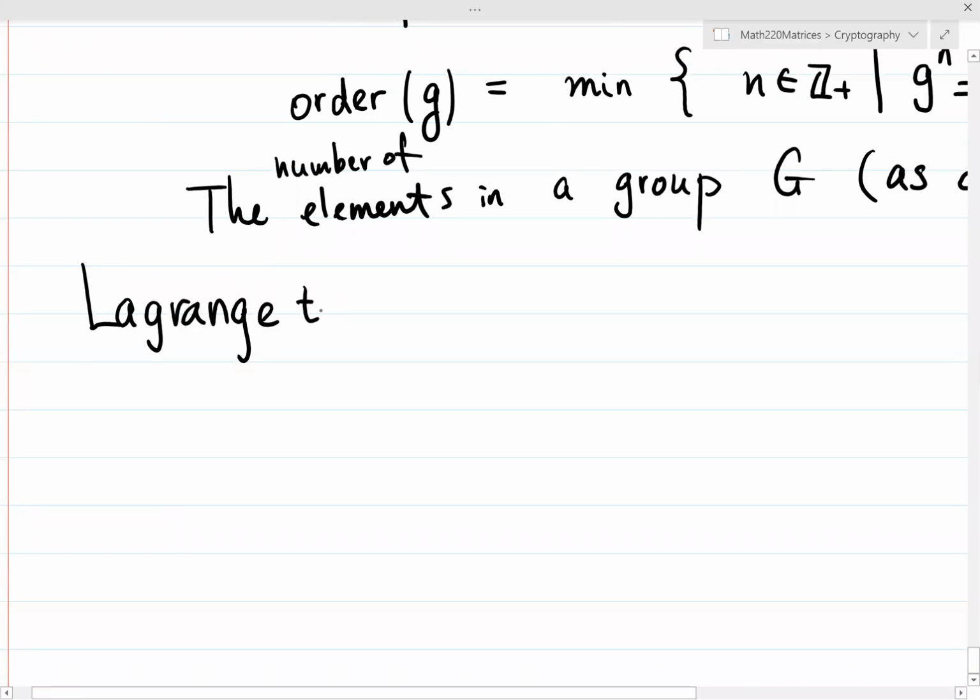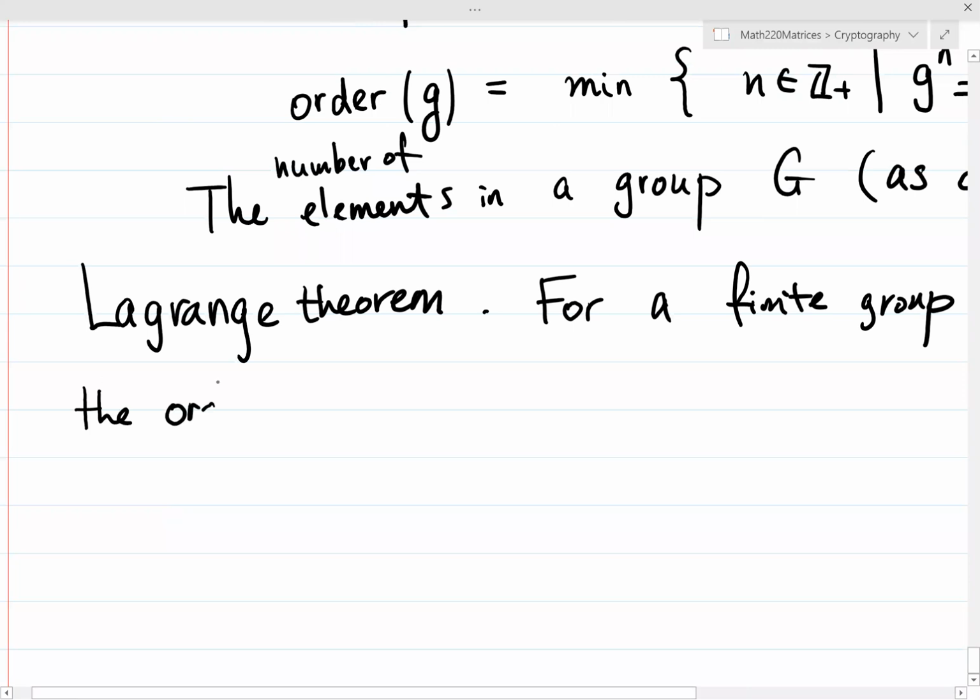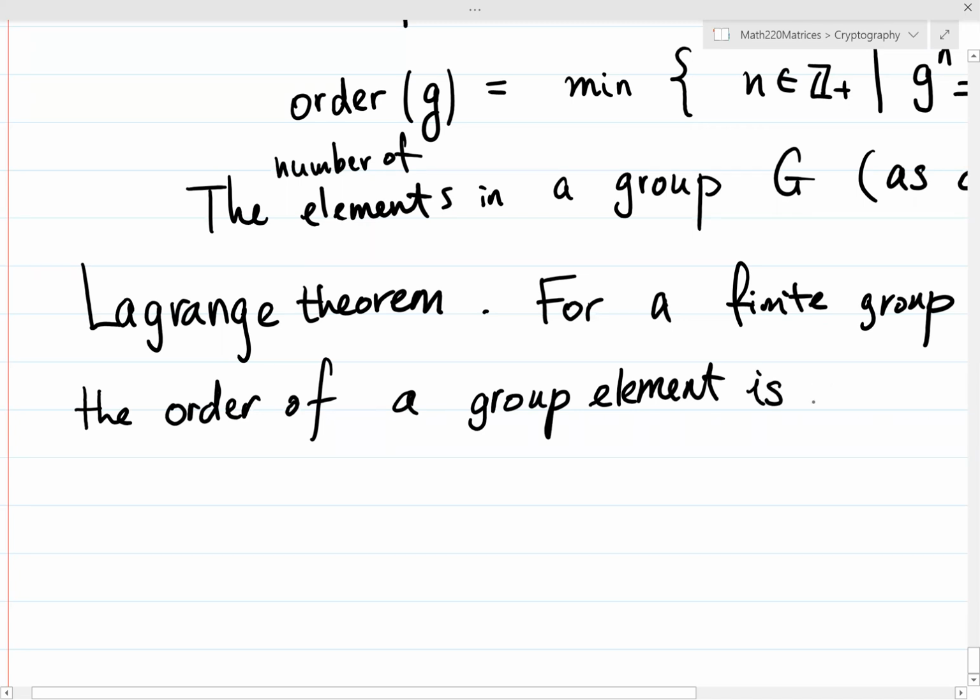Lagrange theorem. For a finite group, finite as a set, the order of a group element is a factor of the group order.